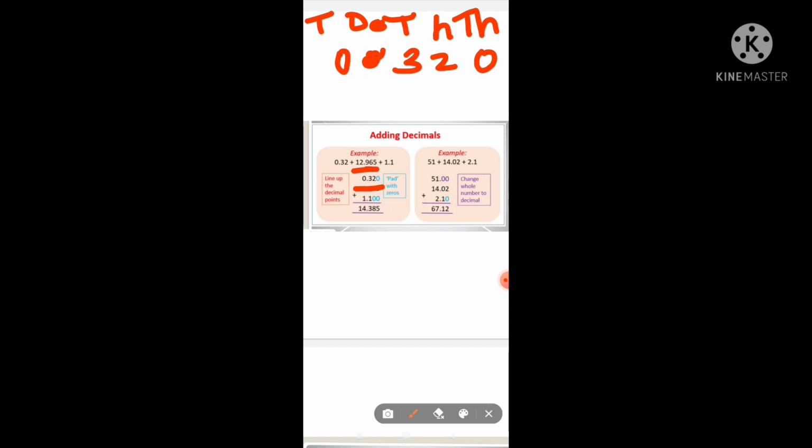In the second number you see 12, so 1 ten and 2 ones, then the decimal point, after that 9, 6, 5. Then the third one, 1.1, so 1 means only 1, then the decimal point, after 1 alone. How can you make it like? I have to add 2 more 0s there.